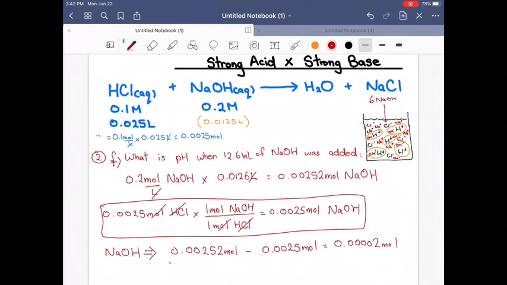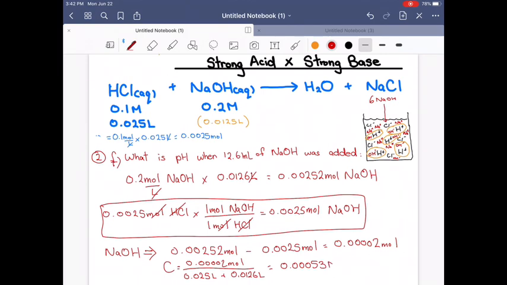By looking at the concentration, it's going to be 0.00002 mole divided by the total volume, which is the original volume, 25 milliliters of HCl plus 12.6 milliliters of NaOH.